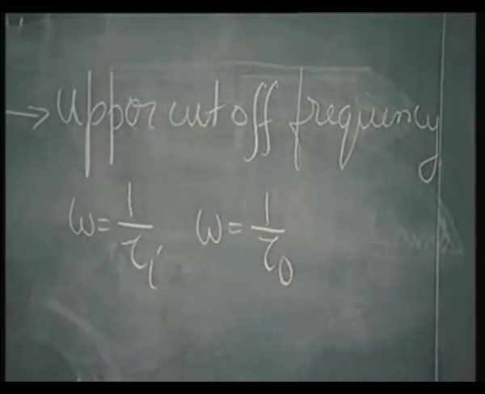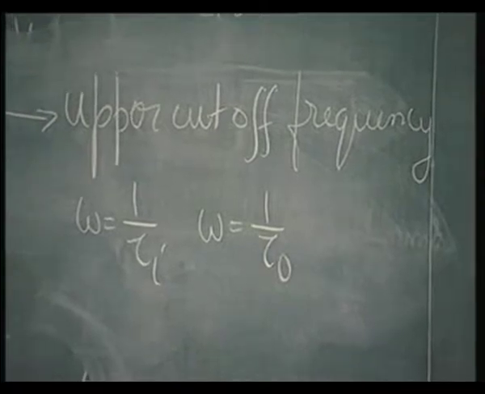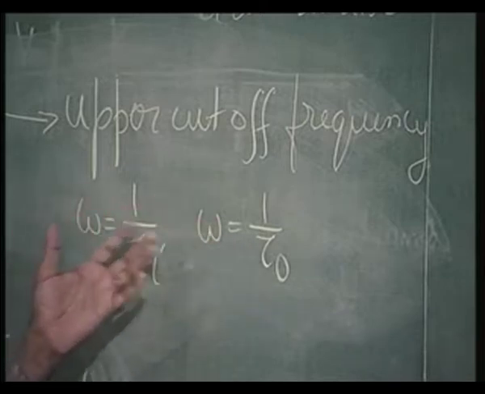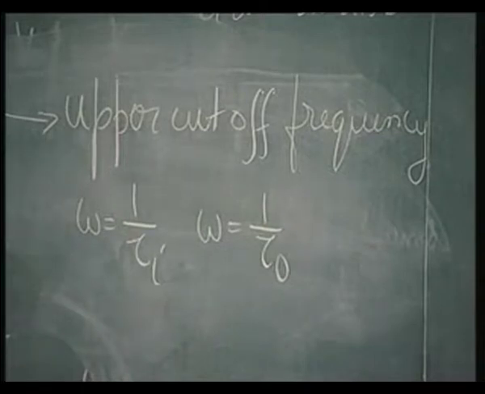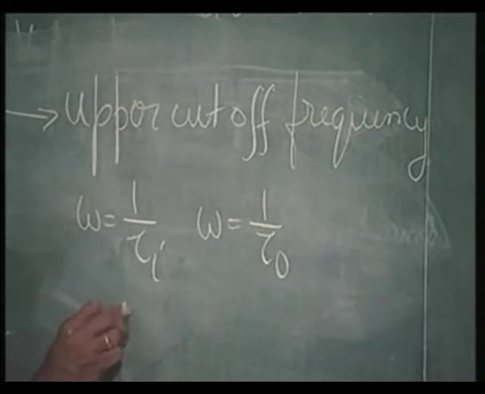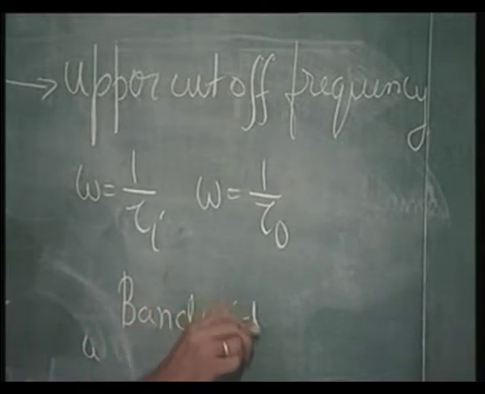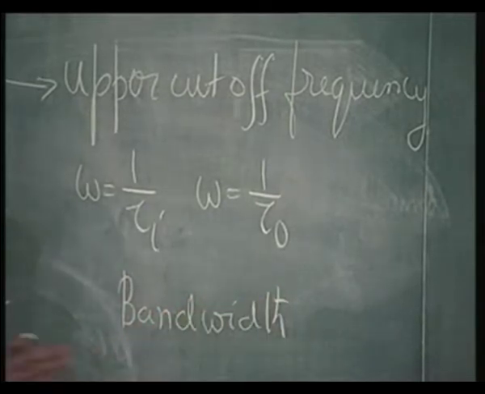As long as 1 over tau I is far away from 1 over tau naught, this is what happens. Otherwise, they will be actually related to one another, upper cutoff and the other cutoff. Now, upper cutoff frequency is very important. It determines the bandwidth of usage.